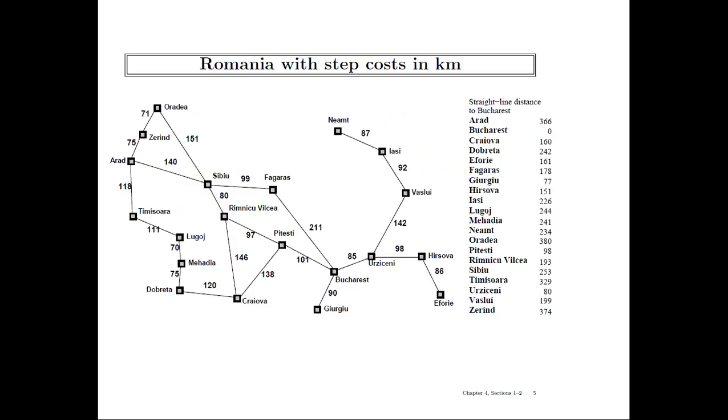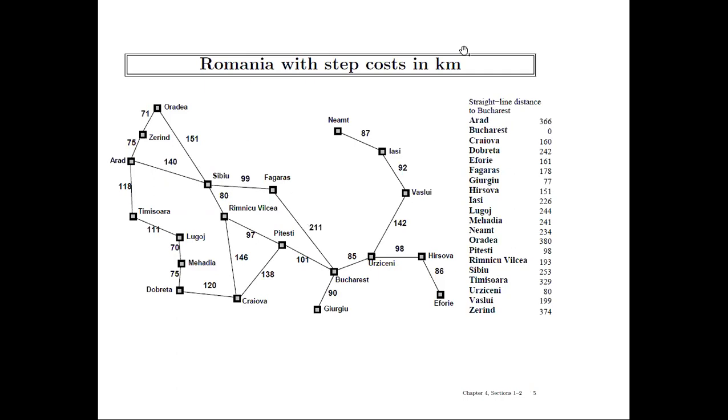Now going back to the table again. So what was the solution? Arete to Shibui, Shibui to Phagaras, Phagaras to Bucharest. That is the path which you have discovered using the greedy function. So if you want to add the actual values, let us add the actual values: 140, 99 and 211.